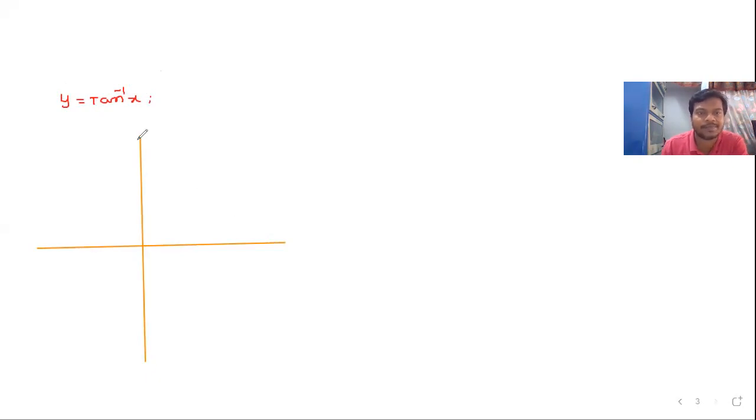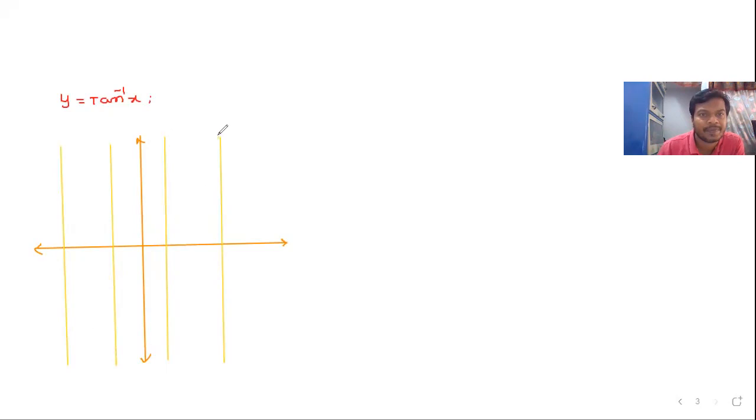tan graph, it is defined only for real values which are not odd multiples of pi by 2. Okay. Suppose this is pi by 2. Next, third pi by 2. This is minus pi by 2. Minus third pi by 2 it is.